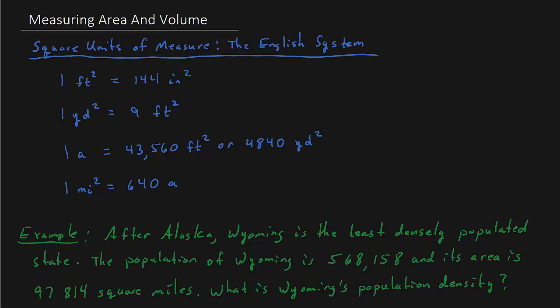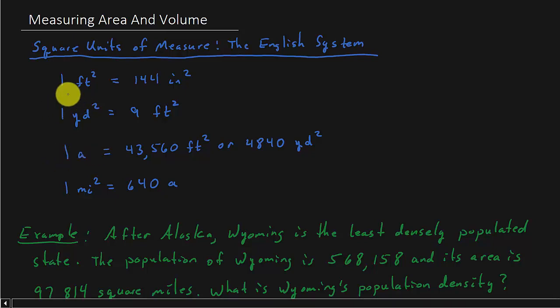If you watched the previous video on measuring length, the metric system, this is pretty similar, converting things. So we've got some stuff here where we make some conversions. We've got 1 square foot.